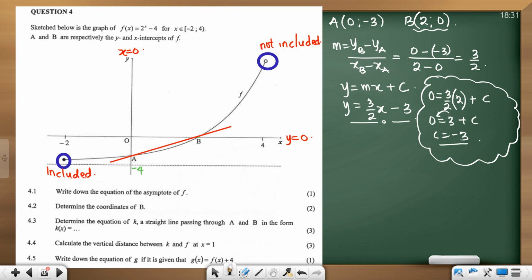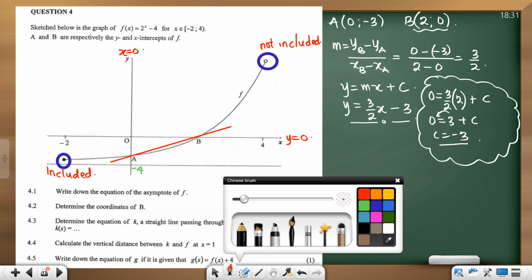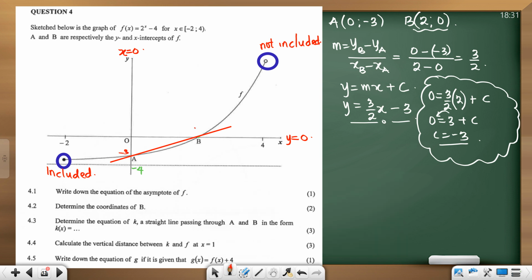If you remember that c is the y-intercept, and we know the y-intercept already, y equals 3 over 2 x minus 3.